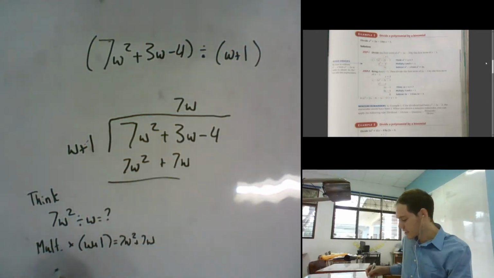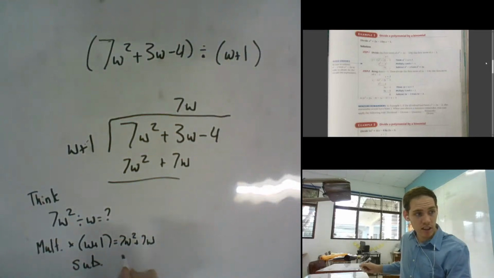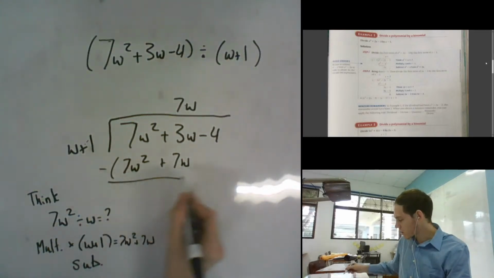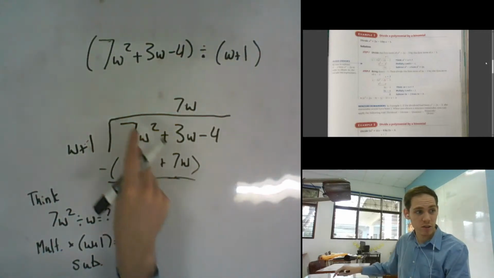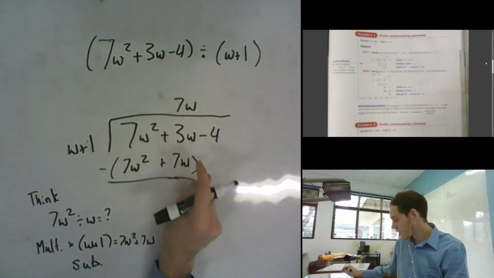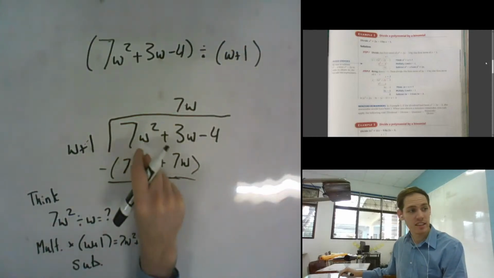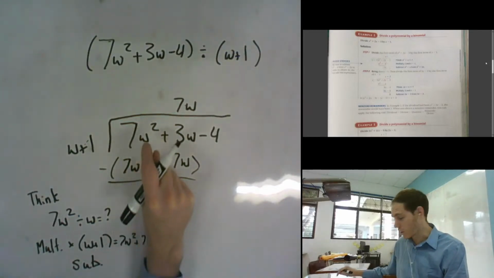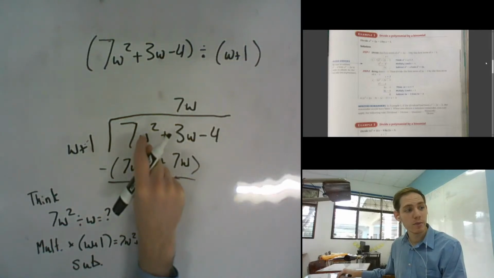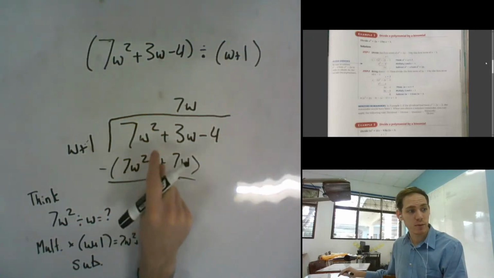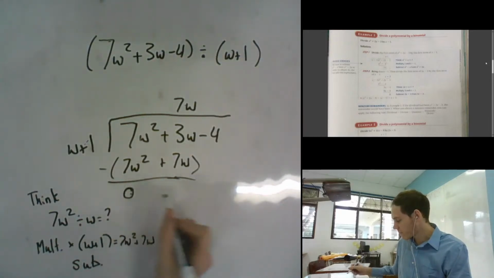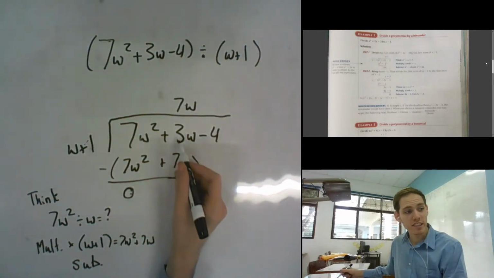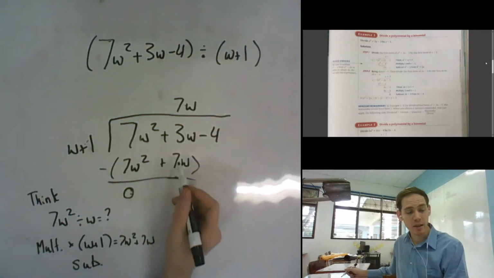Okay, the next step is now we subtract. Subtract whatever's here from what's above it. So what's 7w squared minus 7w squared? That's 0. Okay, so this is 0 right here. What's 3w minus 7w?